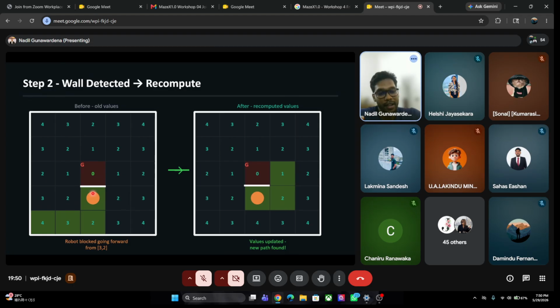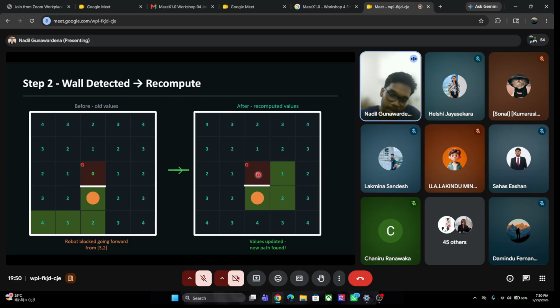So the main theory behind it is, if it detects a wall and that wall blocks its path from going to the goal, only then it recomputes the flood fill.